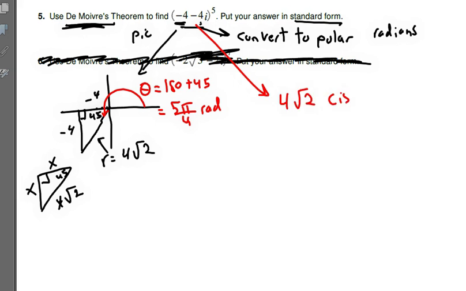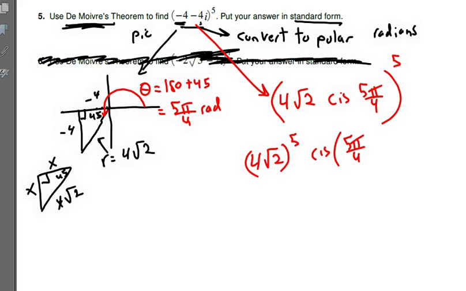So we have 4√2 cis 5 pi over 4 raised to the fifth power. So that's going to be 4√2 to the fifth cis 5 pi over 4 times 5 using De Moivre's theorem.